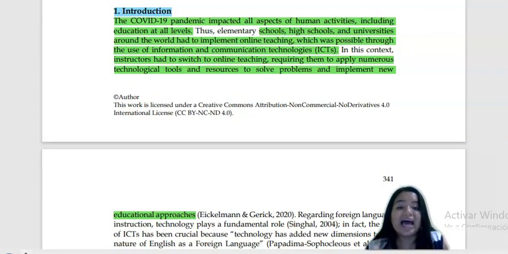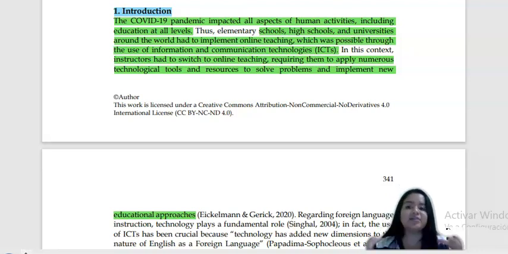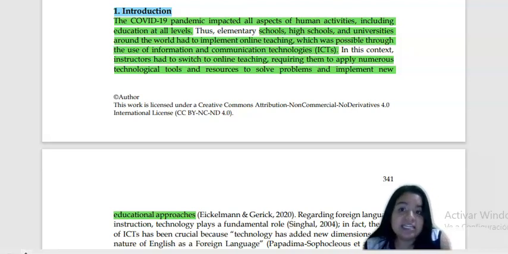In the introduction, as mentioned in the guide, there must be a clear definition of the problem, its importance, and the field of study. The problem in this article is basically that the COVID-19 pandemic has affected many aspects of human life, and it focuses on education and learning in EFL specifically.